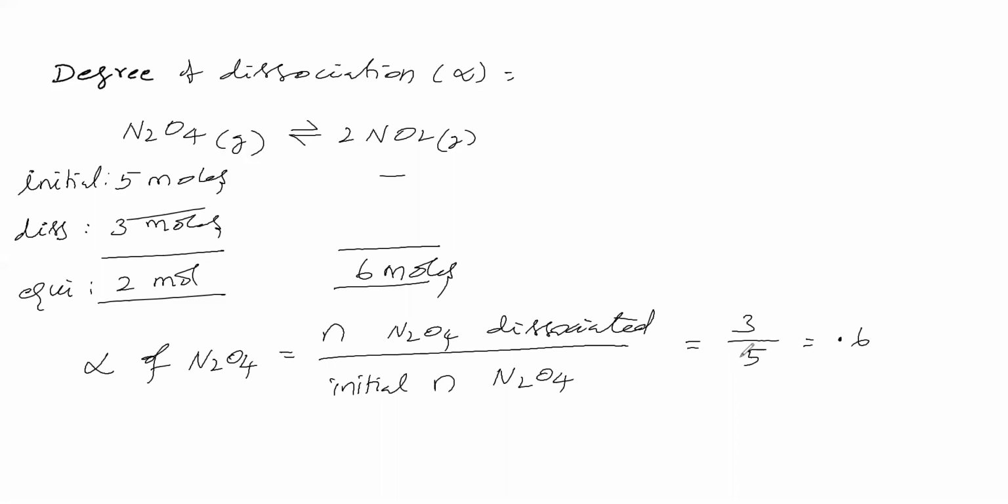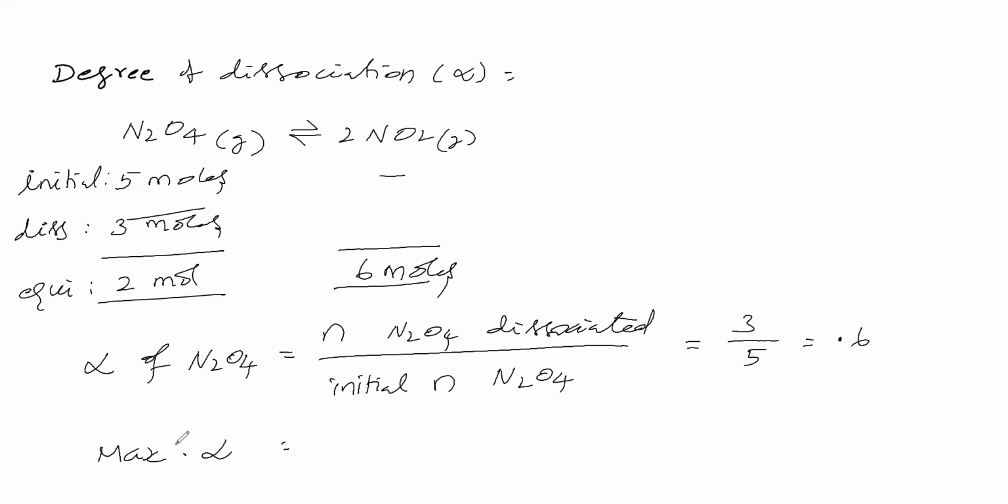Now, what is the maximum value of degree of dissociation? That we'll see. In this fraction, the denominator we cannot do anything about, but we can make the numerator maximum.